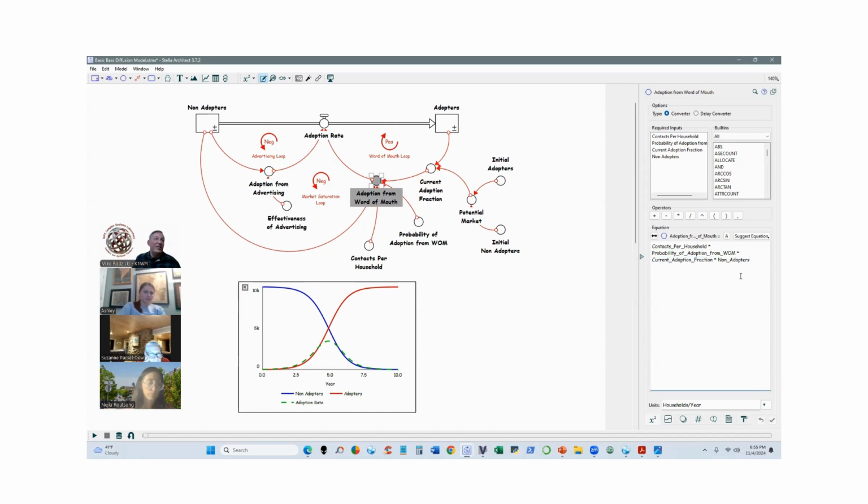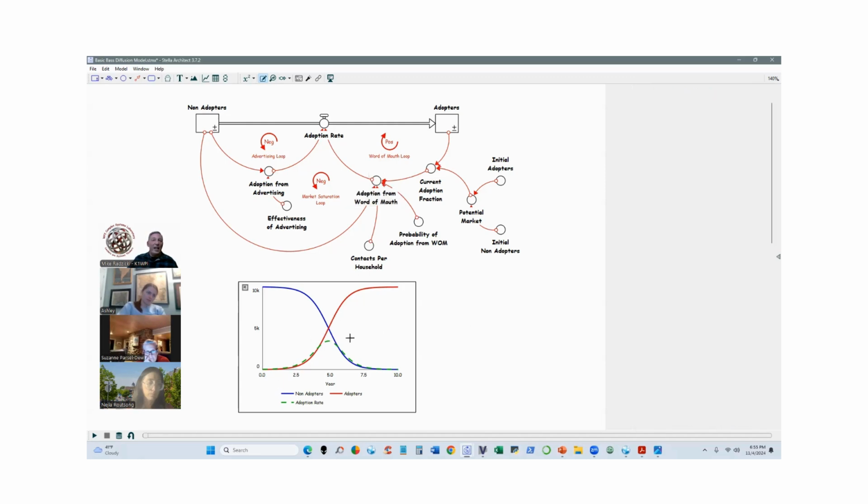So you're multiplying stocks together. So of course, you've created a nonlinearity, and because it's nonlinear, there can be a shift in loop dominance. The positive loop is dominating at the beginning and the negative loop dominates at the end. And the inflection point in this case is where the adoption rate is maximum. Okay. So hopefully you remember that from the first course.